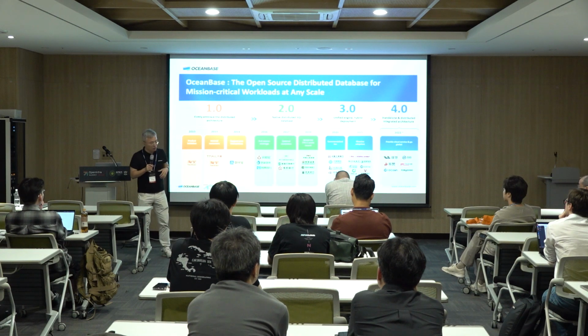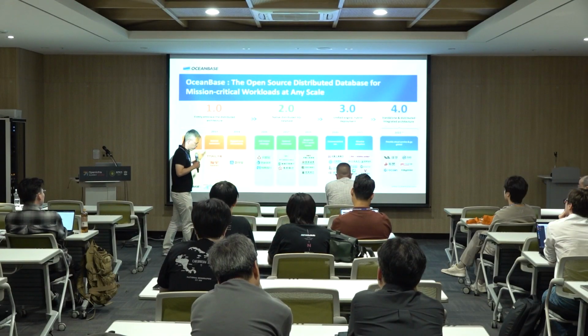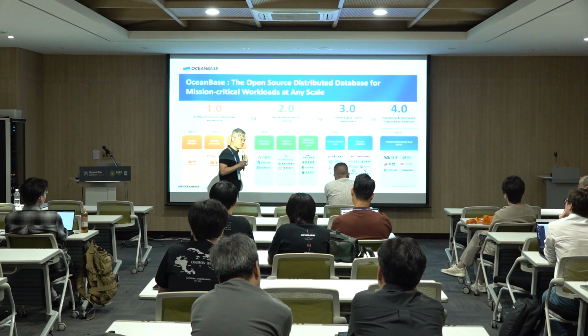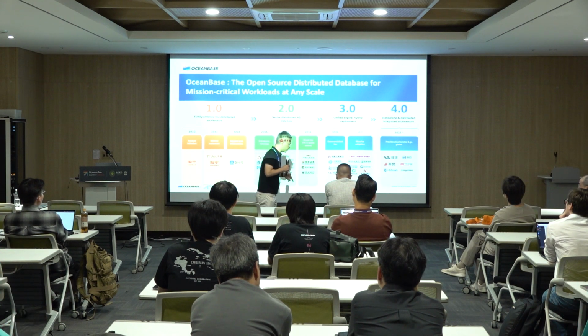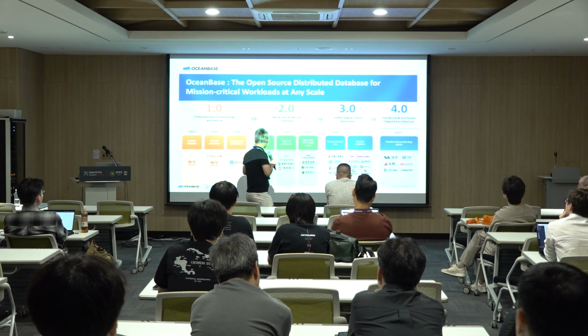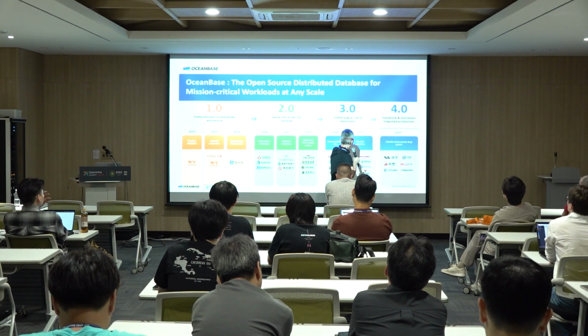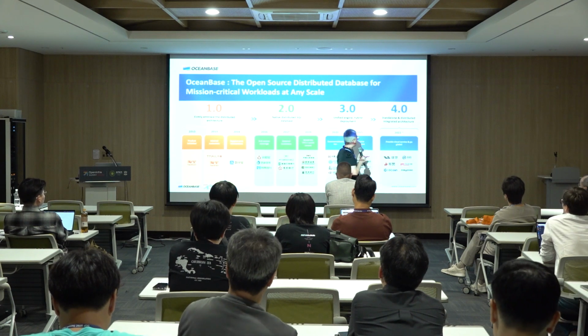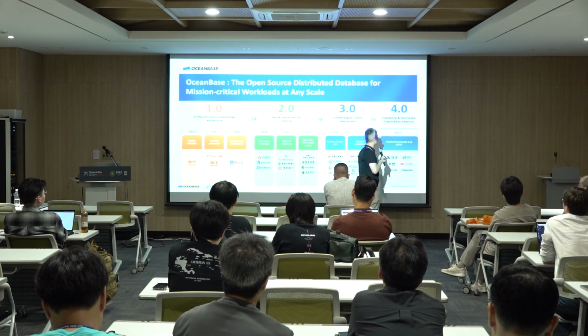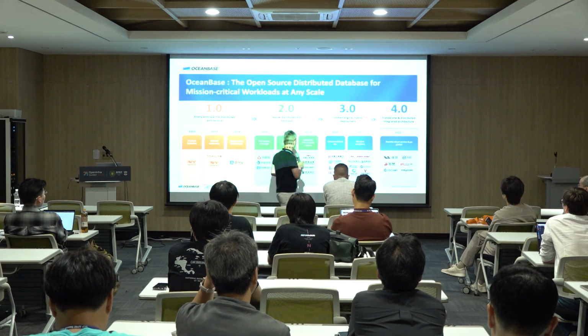But as time went on, we kept on redesigning. In fact, we redesigned twice. Till now, the OceanBase architecture can support high availability and support standalone and distributed in one system.